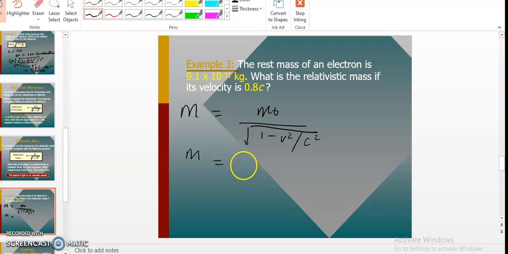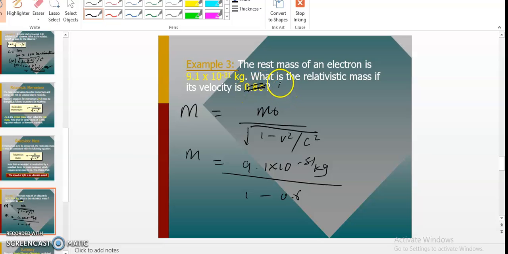M will be 9.1 times 10 to the negative 31 kg divided by the root of 1 minus 0.8 squared, c squared.